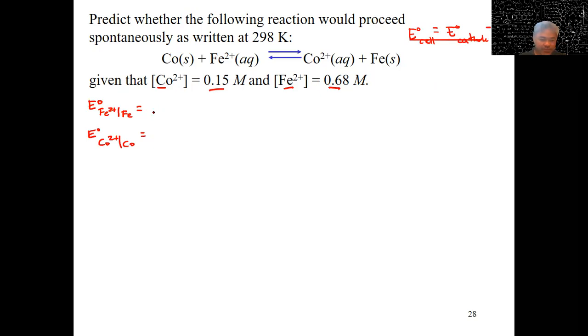This one, Fe2 plus, that's a negative 0.44 volts, while the cobalt is negative 0.28. So ang tanong ko ngayon, alin yung cathode, alin yung anode? Because kukunin muna natin yung standard E cell.